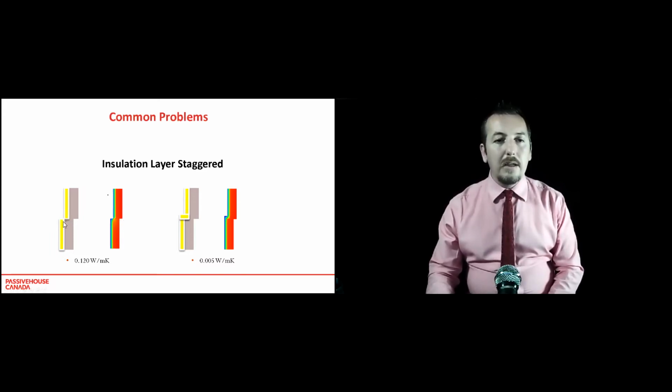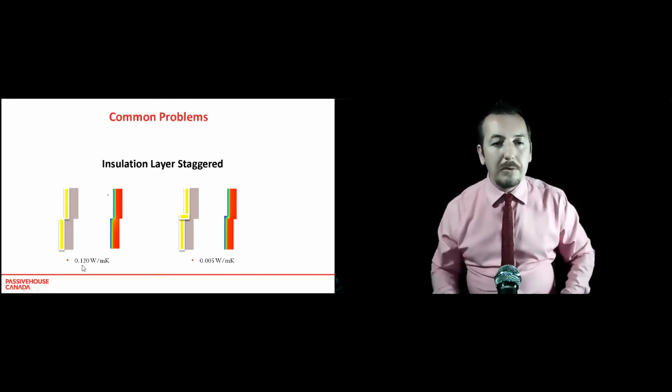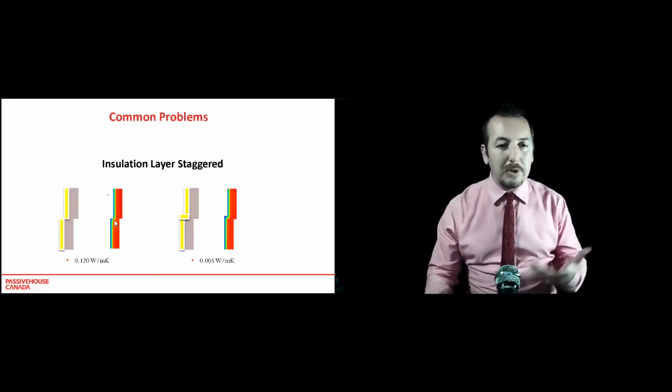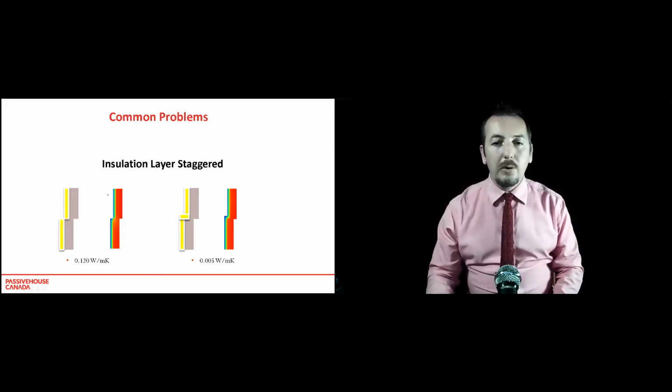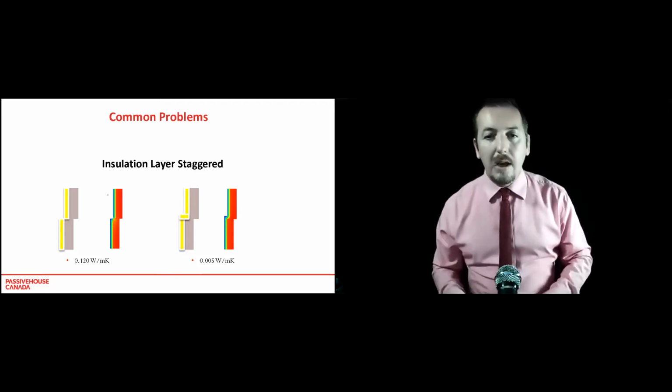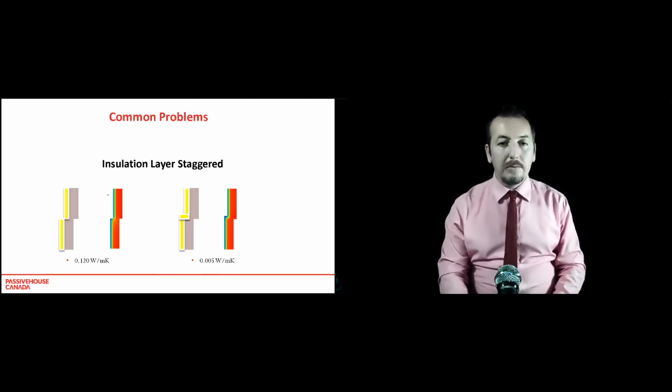But basically, a stagger in the insulation layer where there's no connect could cause you a psi value all the way up to 0.12. And you can see that there's a tiny connect there, but still a shocking psi value. You'd reduce it nearly down to nothing if you simply continued the insulation over it. Okay, so that's the importance of connecting thermal layers.